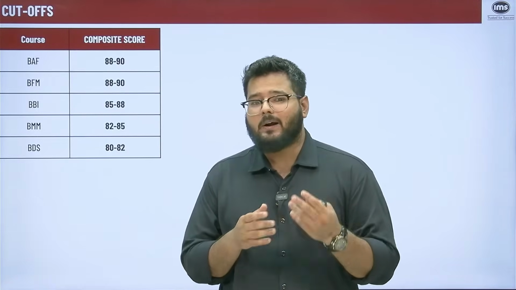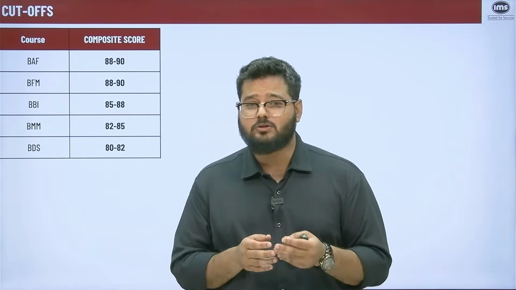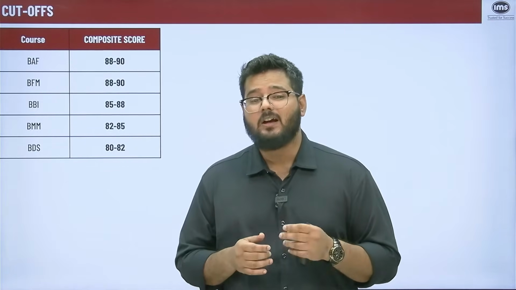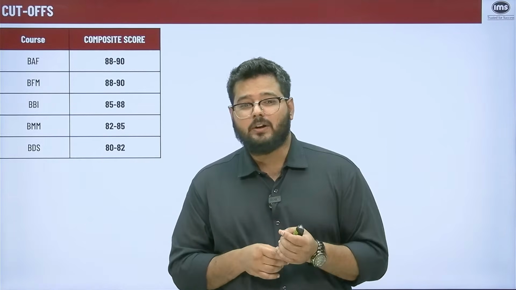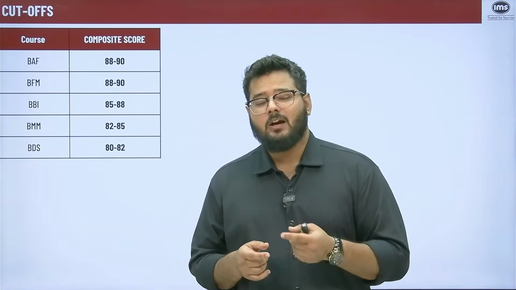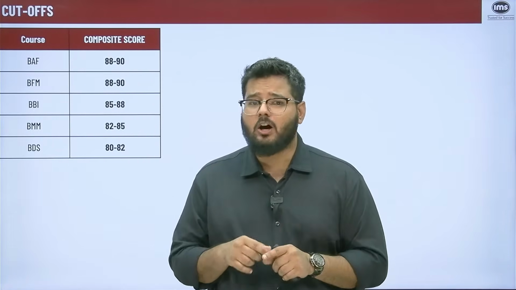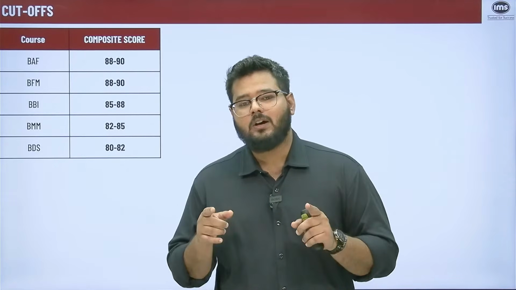Now this is again my prediction. It might change based on the performance of the students in their board exams this year, because I cannot just say what the cutoff will be based on the entrance exam alone, because JHC also factors in your performance in the board exam. So that is also a very important thing that you need to understand.